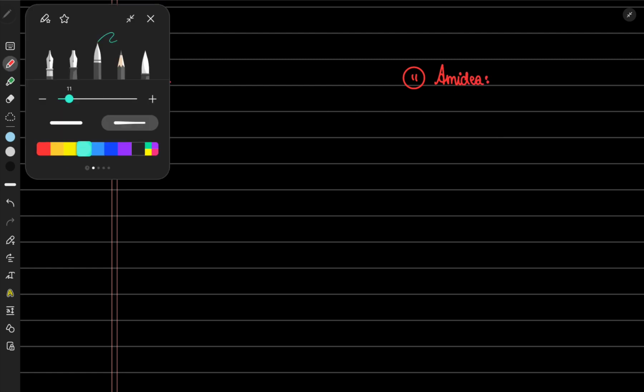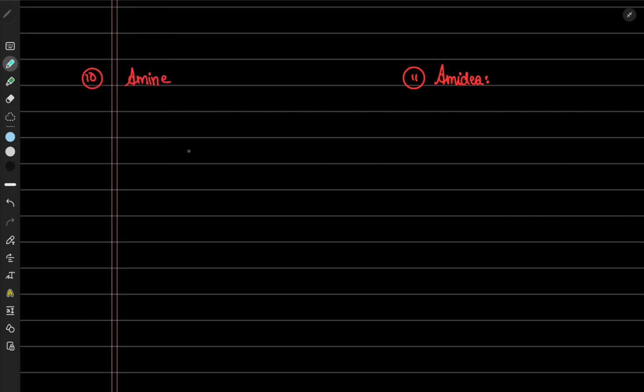Right? So let's learn. If carbon is bonded to nitrogen through a single bond, it is known as an amine. But if this carbon has an oxygen attached to it as well, then it is known as an amide.